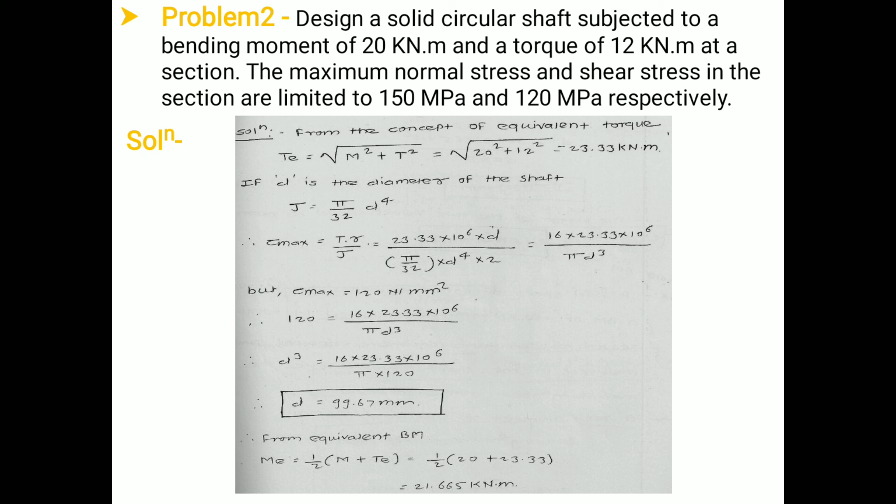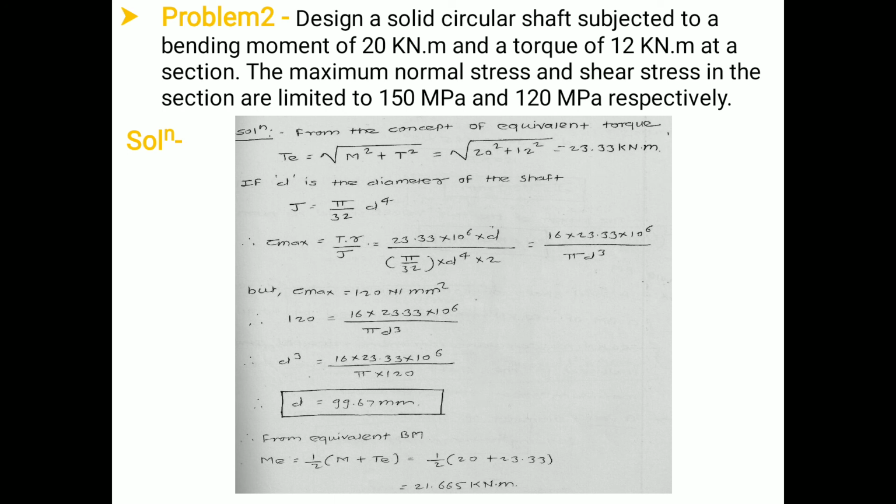Now we are also going to find the value of diameter based on the equivalent bending moment formula. In the first case we derived it by using the equivalent torque formula, now we are going to find it by using the equivalent bending moment formula. That can be given by Me is equal to 1 upon 2 into bracket M plus under root of M square plus T square.